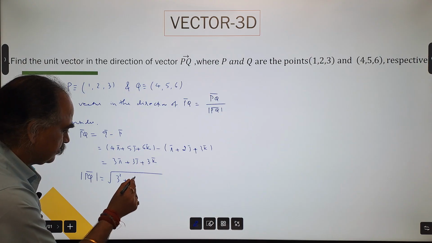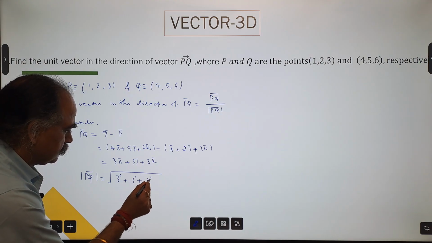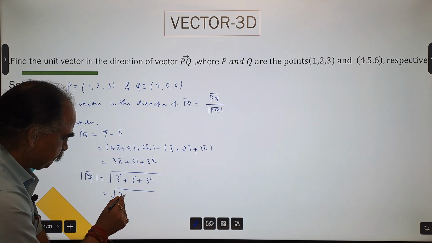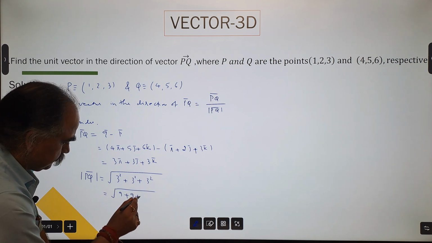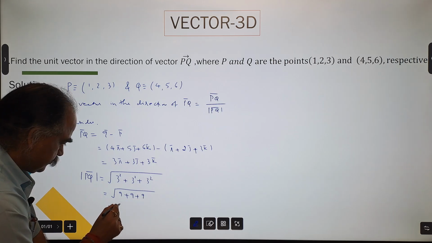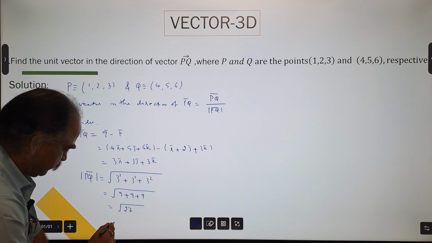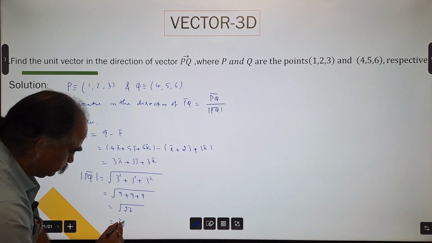Plus 3 square, plus 3 square: 9 plus 9 plus 9. Root 27, which is 3 root 3.